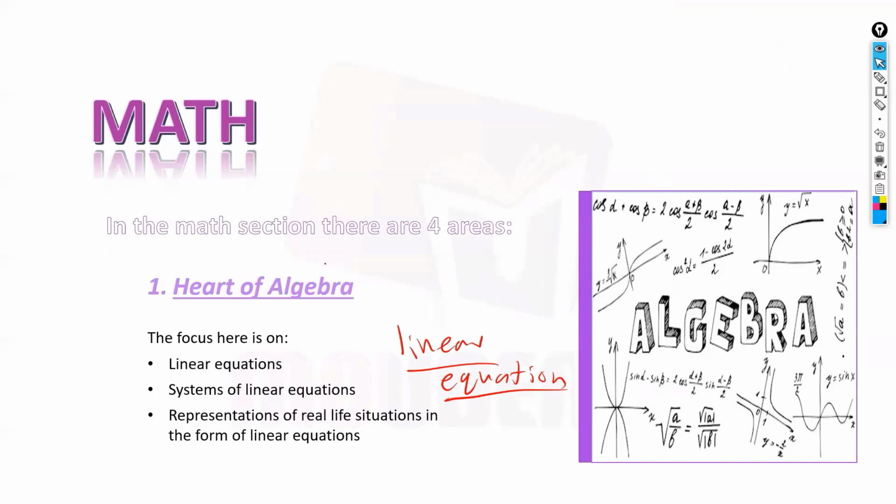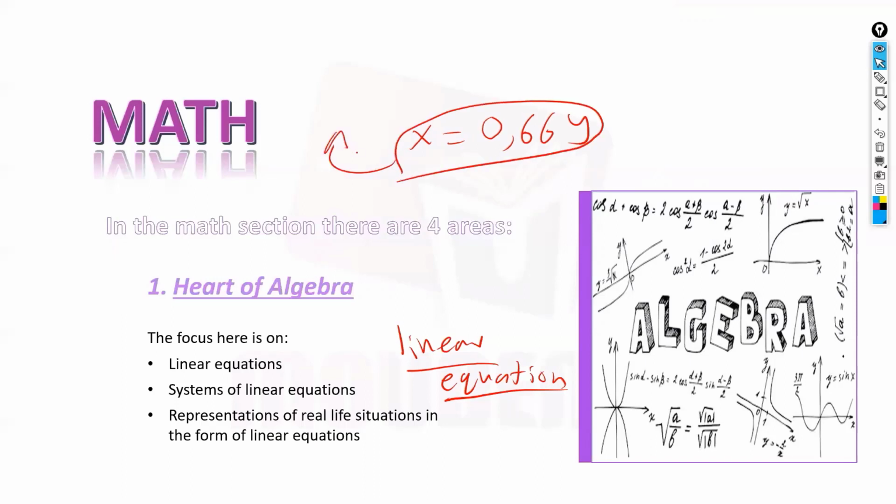For example, John has 2/3 of the apple. So you write x equals 2/3 of y, for example. You just represent real life problems and situations in the form of linear equations.